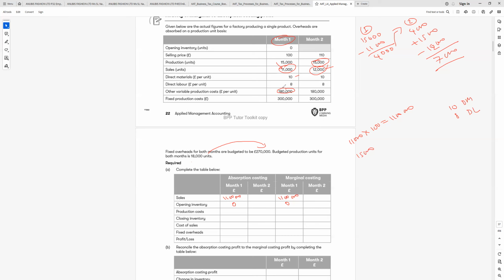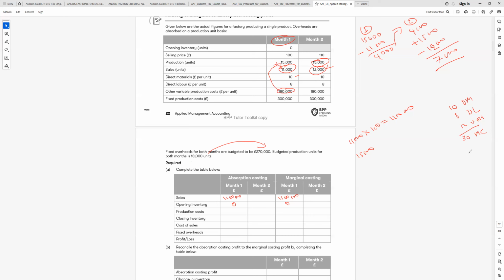So we have here variable overhead 180,000 divided by 15. So that will give me 12 variable overhead. So that gave me total 30. That's my marginal cost. Remember that all the variable cost together, we call it marginal cost. So that's my total marginal cost.